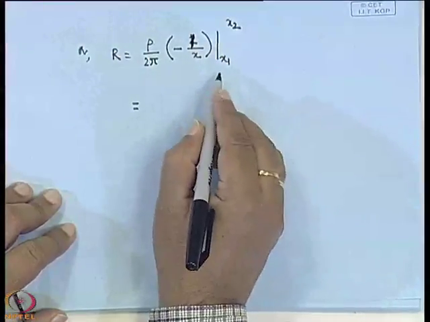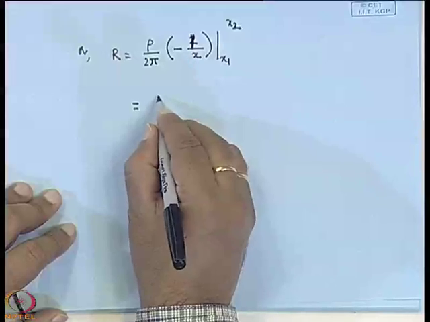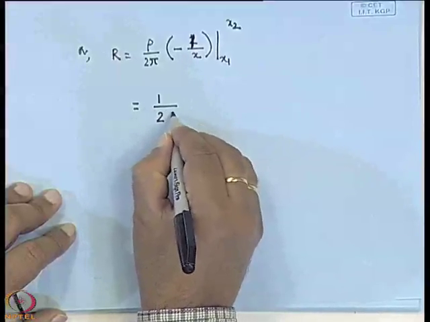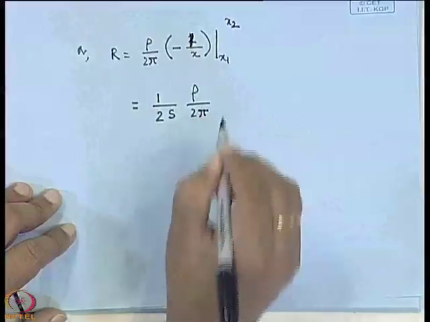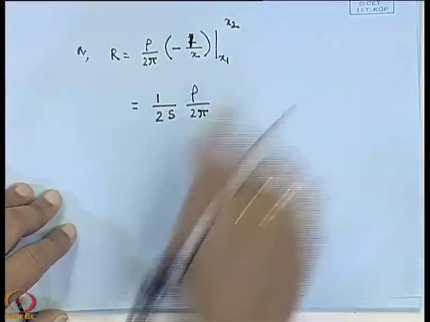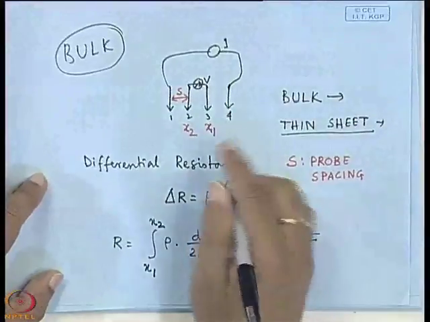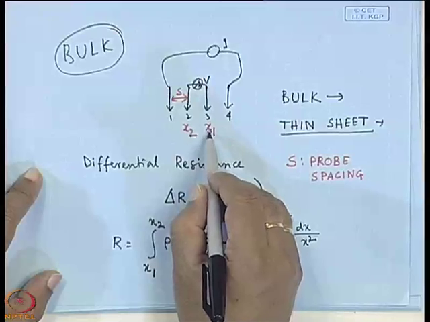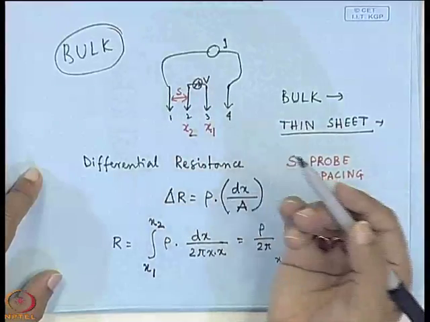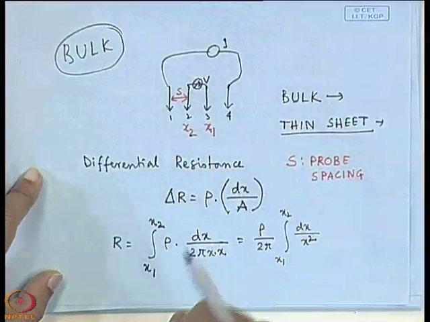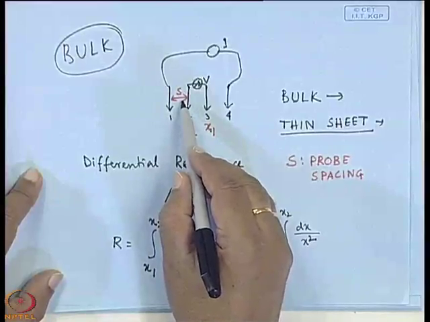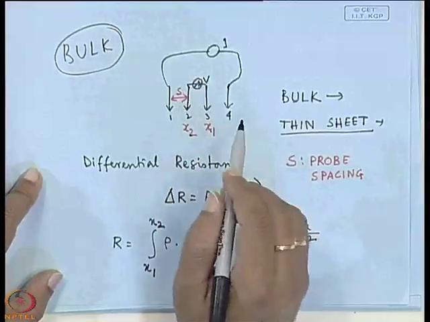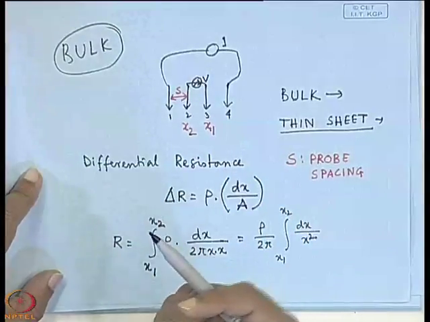So, under this circumstance, if you put the value, you will find that this x 2 minus x 1 is basically the probe spacing. What is x 2 minus x 1? It is the space between the two probes, and we have assumed it as S. That means, we have considered a uniform probe spacing.